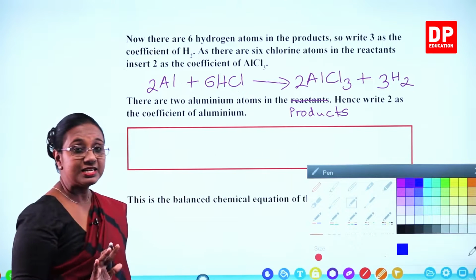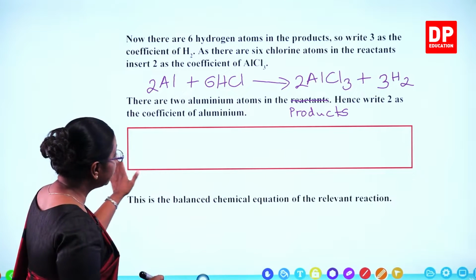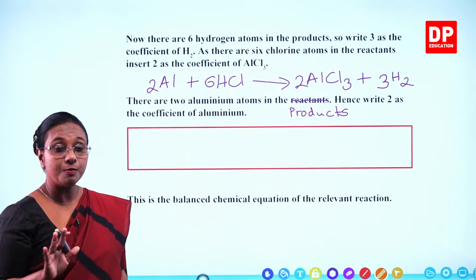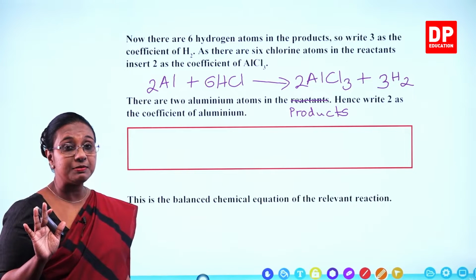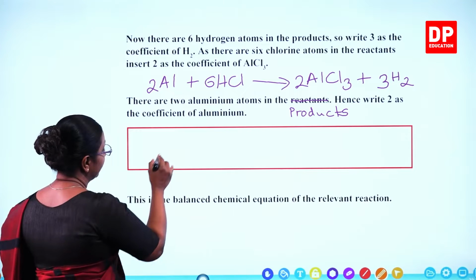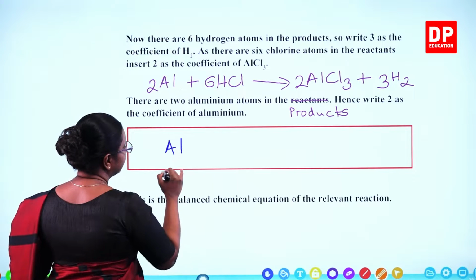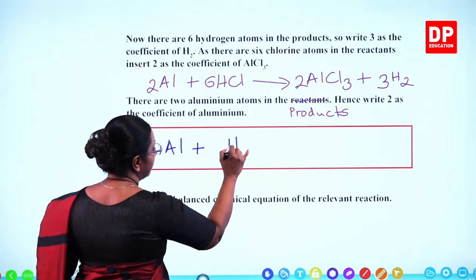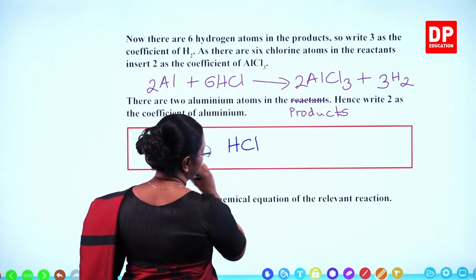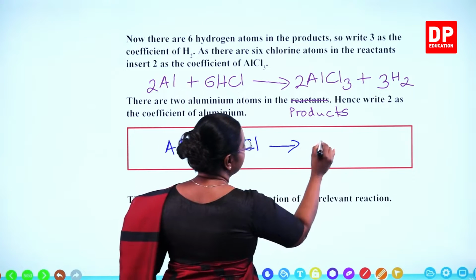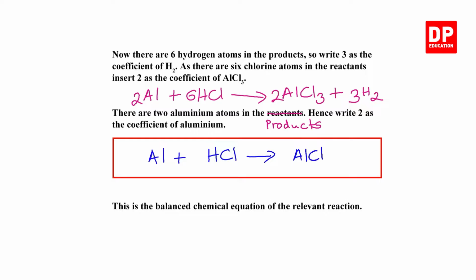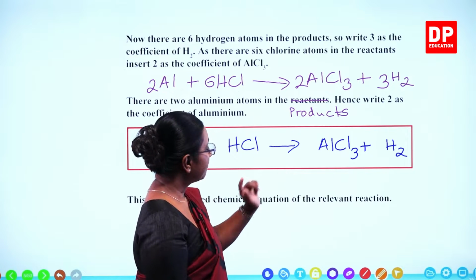So what is the balanced chemical equation? Again, to do it together, normally when you are asked to write a balanced chemical equation, this is how we write. We write the reactants, aluminium plus HCl, the 2 reactants, giving rise to aluminium chloride plus H2 as the products. So then what did we do?